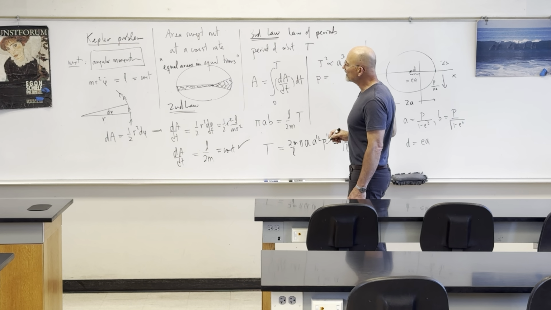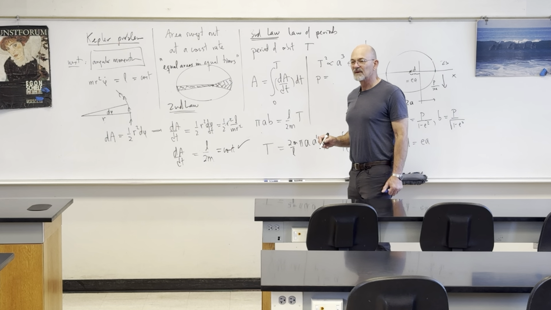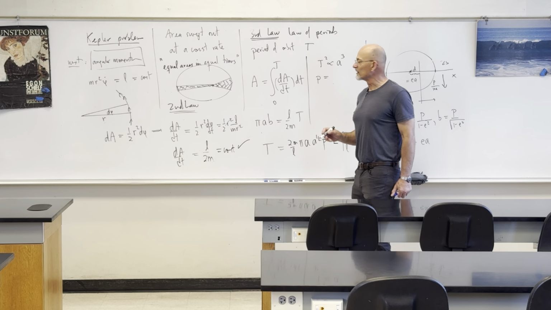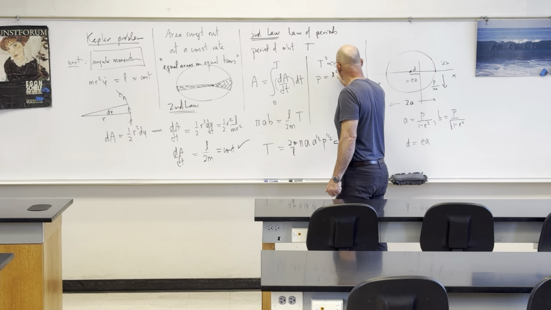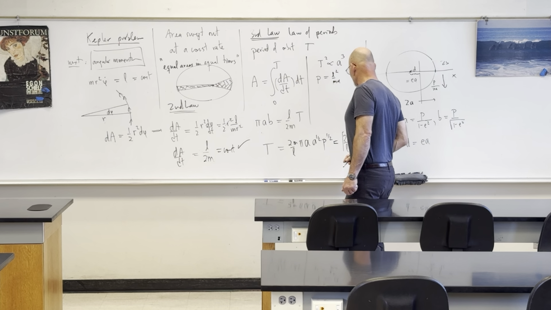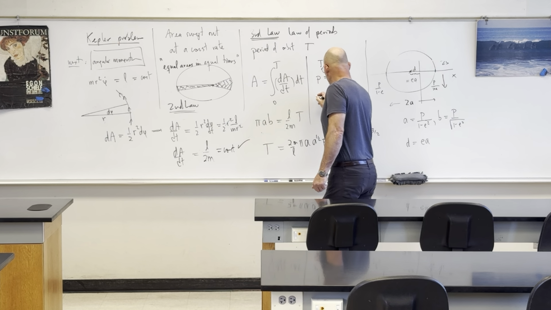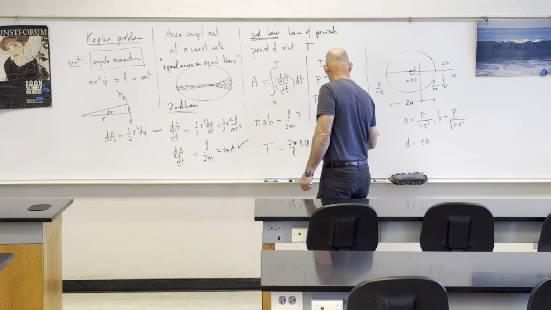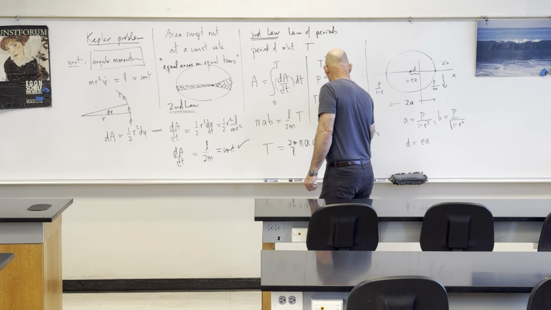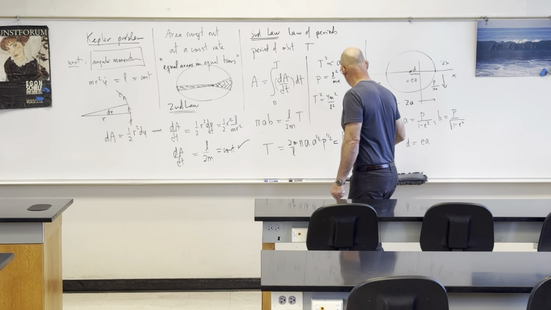What did we have there? L squared over m alpha? Yeah, L squared over m alpha, good. So if we go into here, t squared, we're going to have 4m squared over L squared.